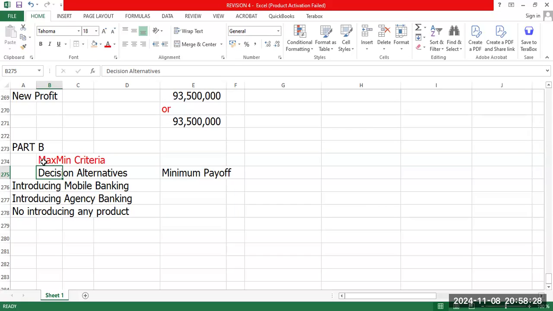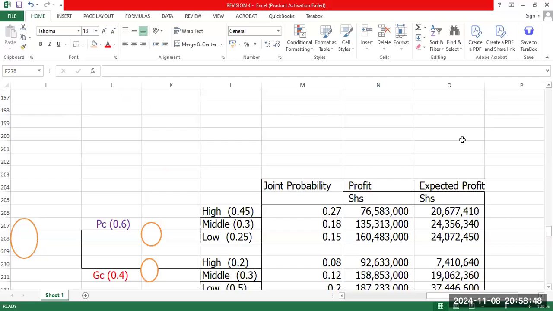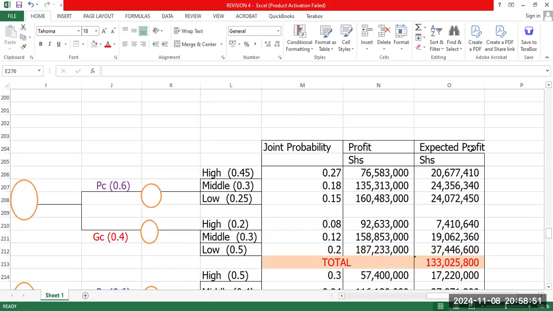So if you introduce mobile banking, simply come back here. We don't use this column for expected, because here we have taken into consideration probabilities. But when we are using max min, we don't use probabilities anywhere. So I am going to rely on this column, identify my payoffs.